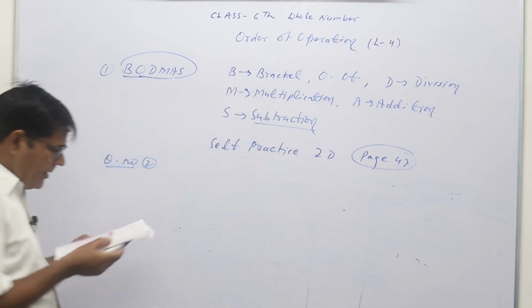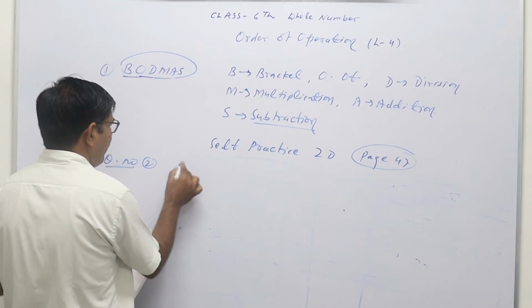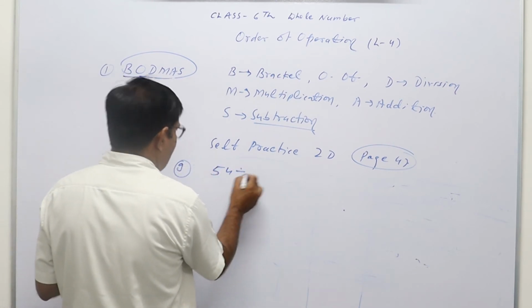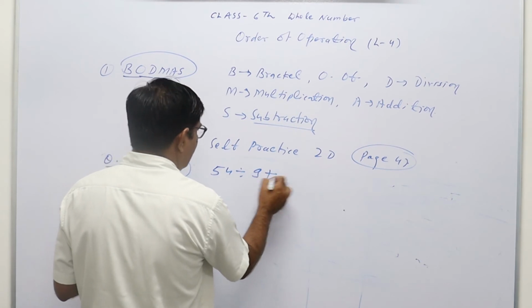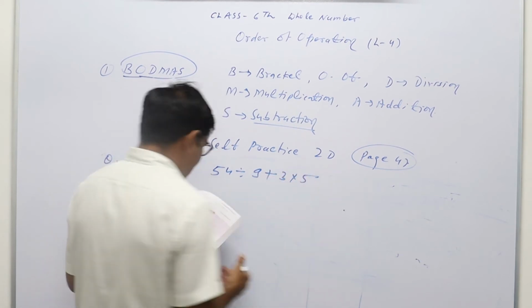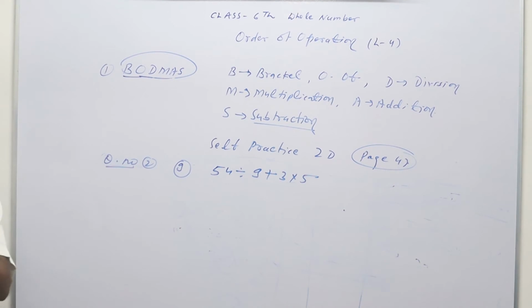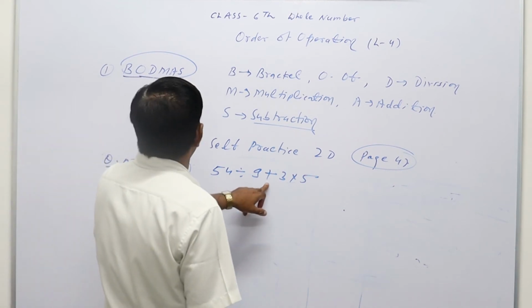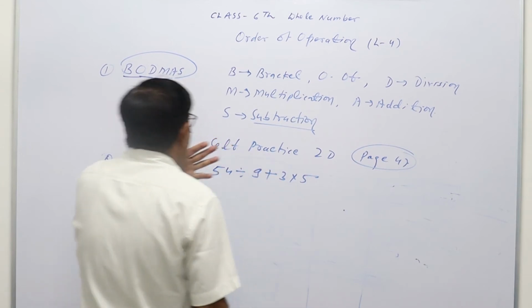Then next question, G. Question G, 54 divided by 9 plus 3 multiply by 5. So again see what operations are there: division, then multiplication, and then addition.